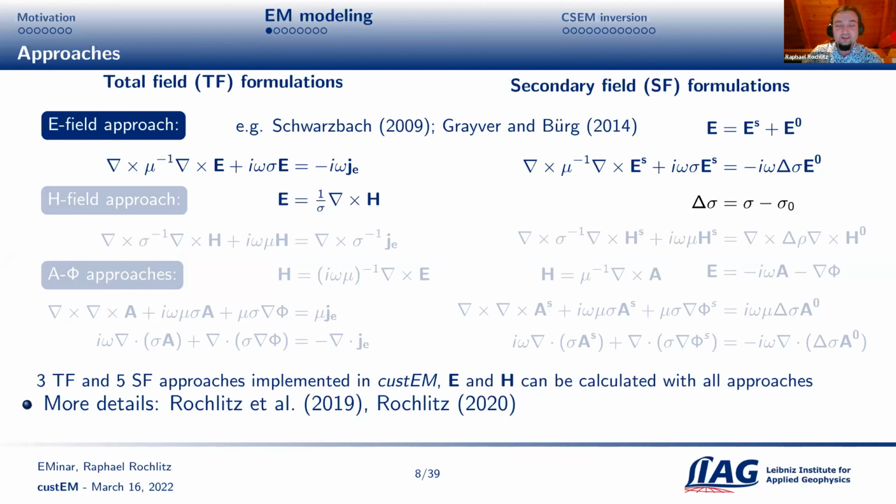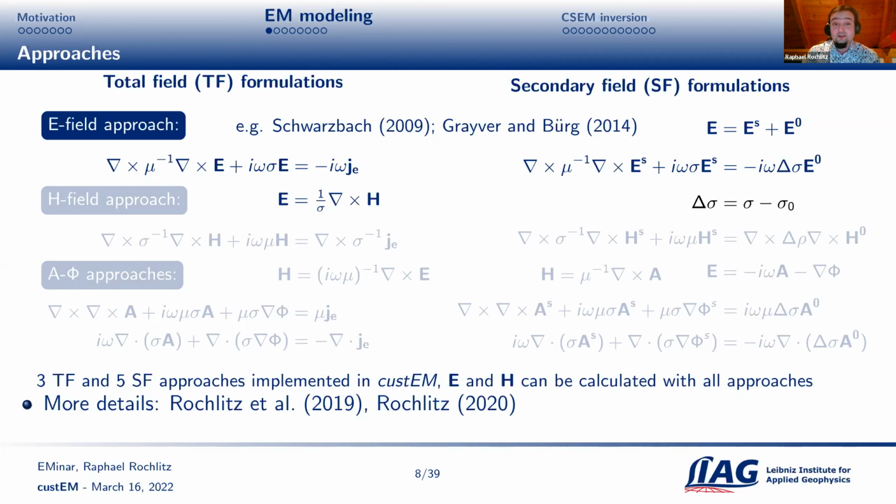This is a summary of all existing formulations. But what we mainly focus on meanwhile is the total electric field formulation, because we can use it for handling topography or bathymetry scenarios by directly incorporating the source currents of our transmitters in the model domain.